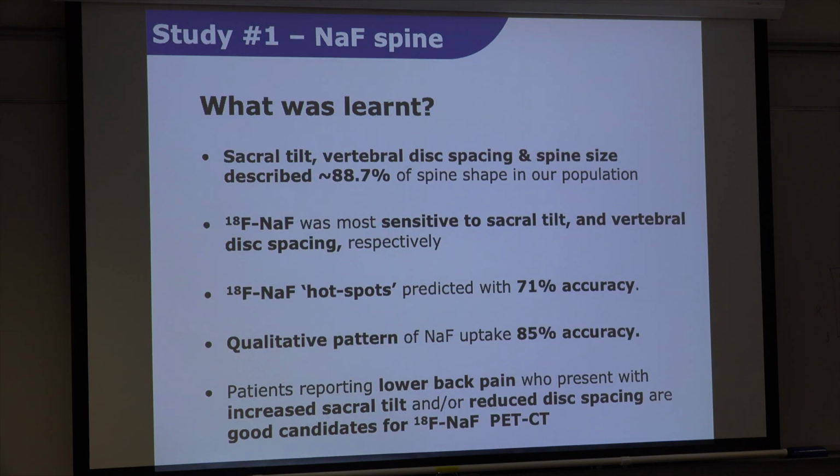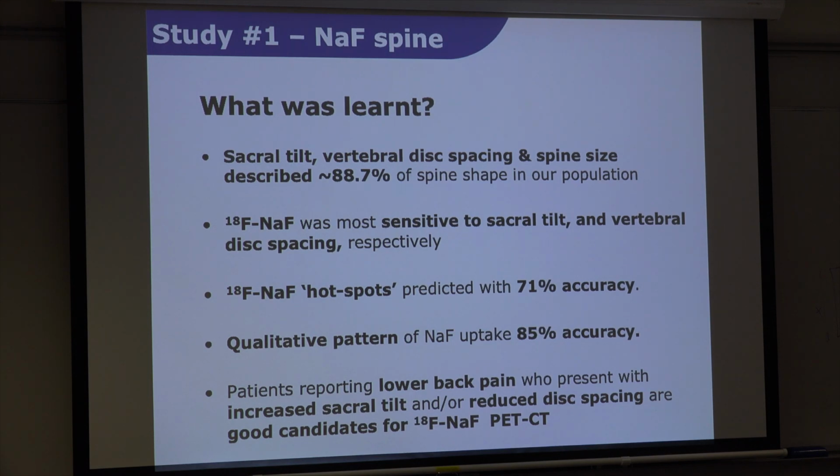So what we learned from the study was that sacral tilt, vertebral disc spacing, and spinal size described 88.7% of our shape population. That sodium fluoride uptake was most sensitive to sacral tilt, followed by vertebral disc spacing, respectively.